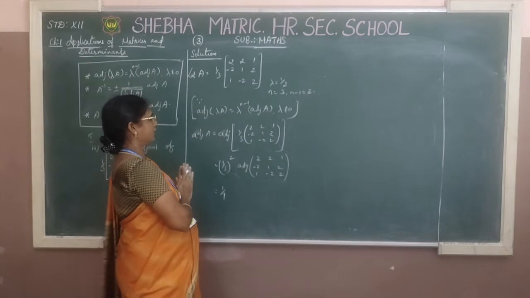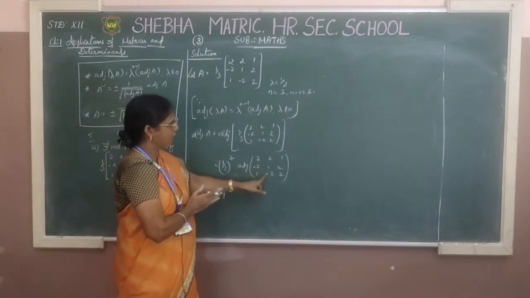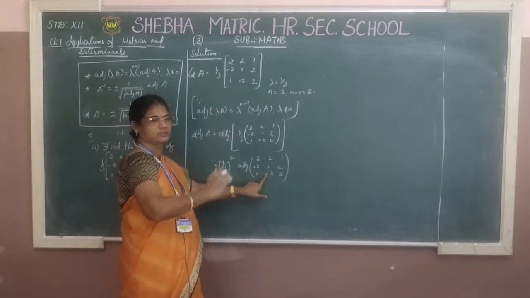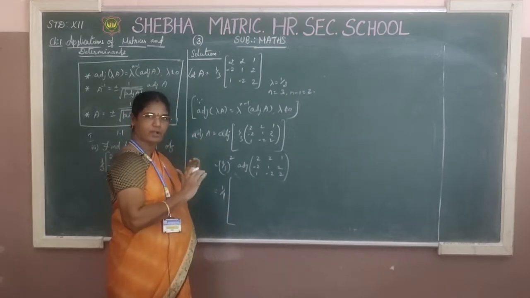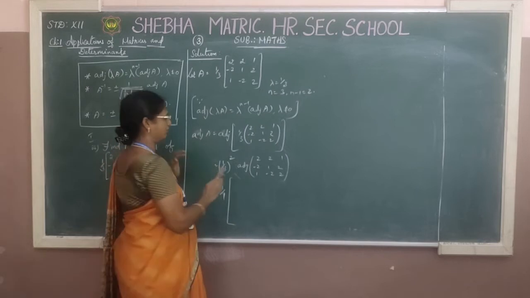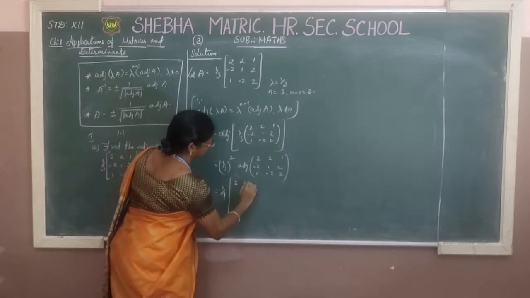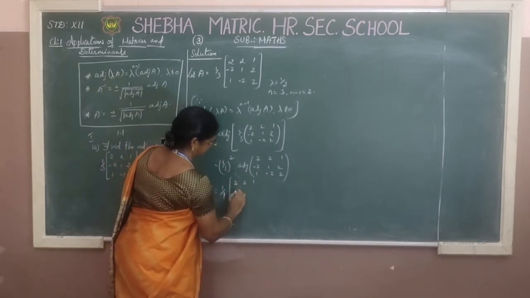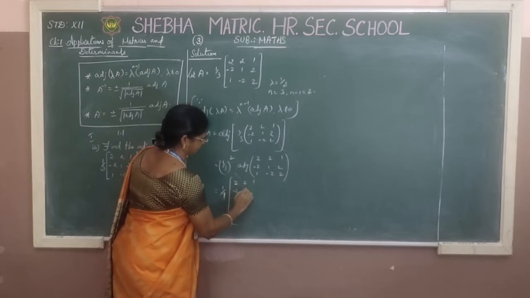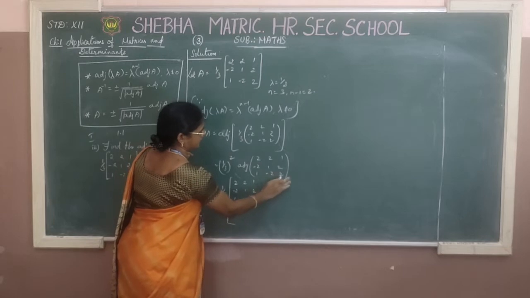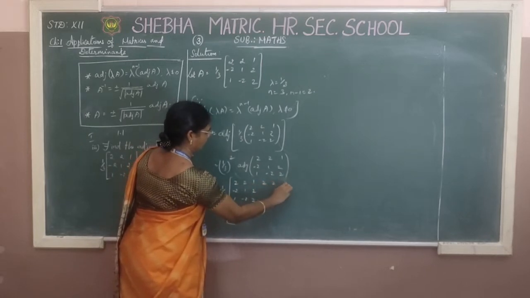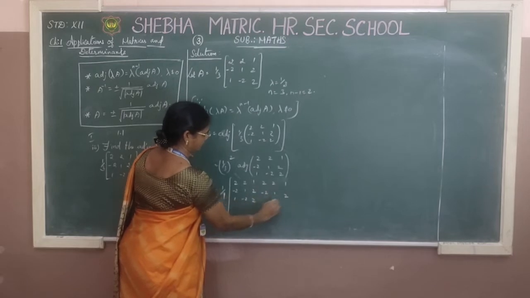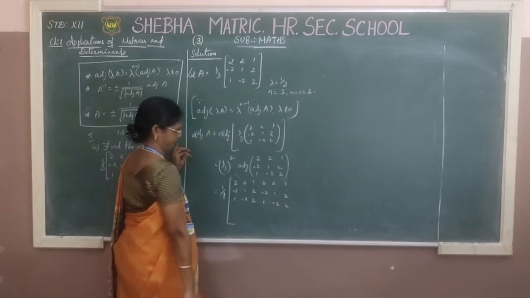First, you have to write the given matrix 4 times, in the square form as well as in the matrix form. 2, 2, 1, minus 2, 1, 2, 1, minus 2, 2.